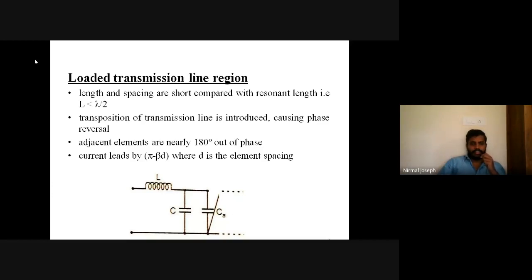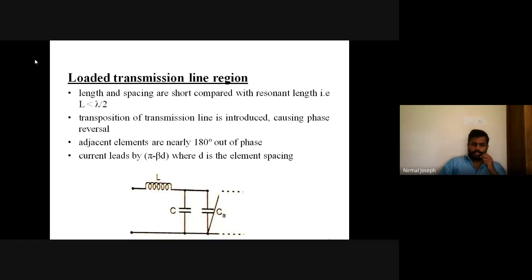But here, since the length is not that much too short, that capacitive effect won't be that much prominent. So a transposition of transmission line is introduced. That will cause a phase reversal. So adjacent elements are nearly 180 degree out of phase.